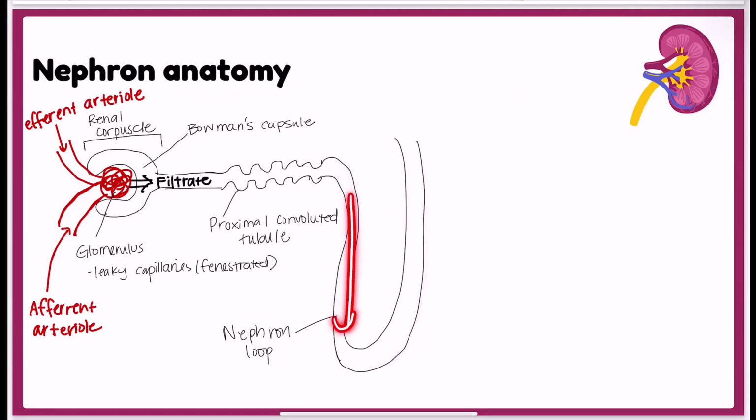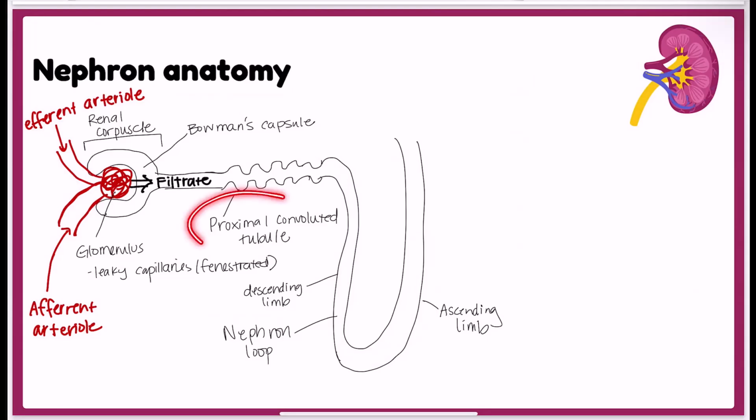So we have the descending limb and the ascending limb. The descending limb and the ascending limb of the nephron loop also have certain parts of it that are thicker or thinner, and they're named that. So there's a thick segment and a thin segment, but we'll see that on our picture in just a minute that I'm about to show you.